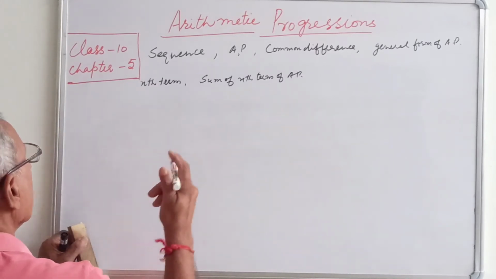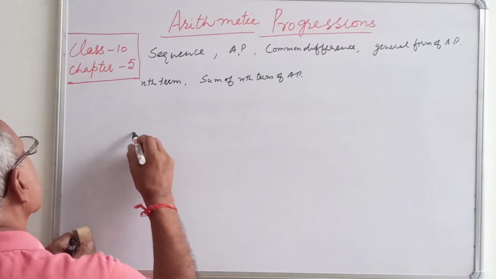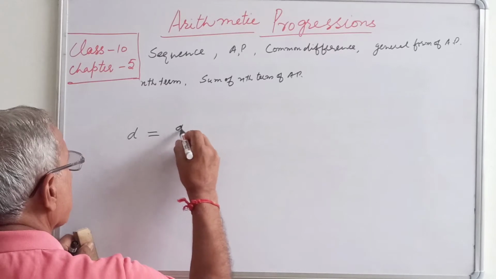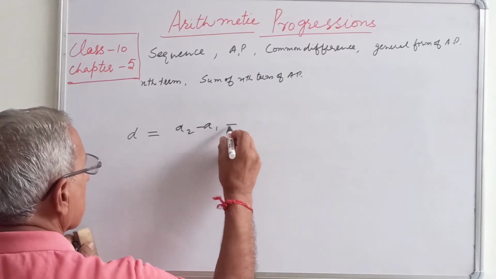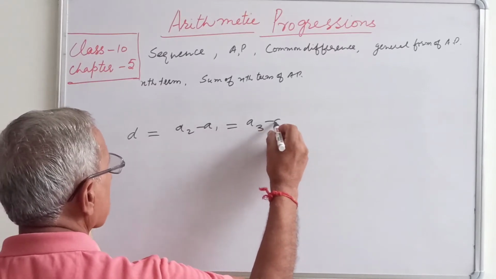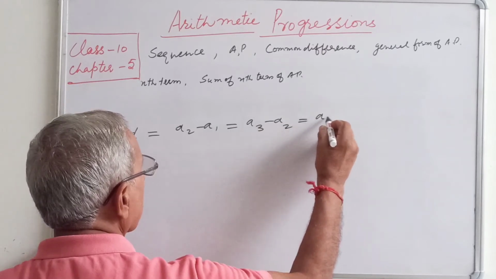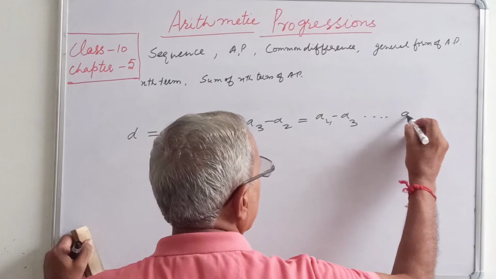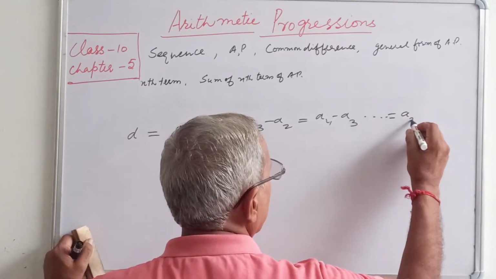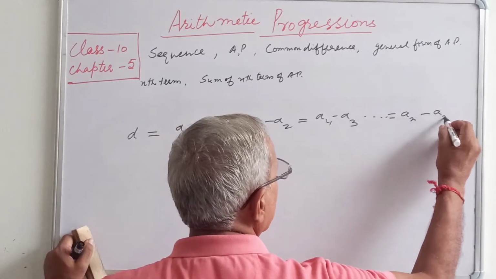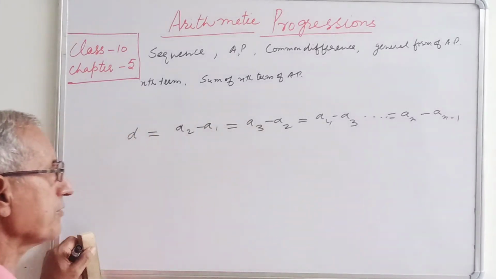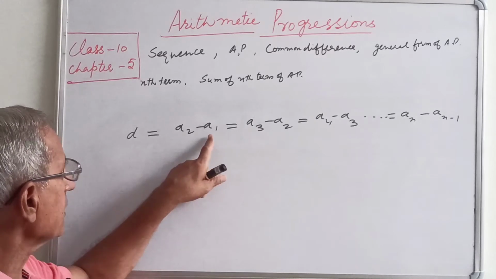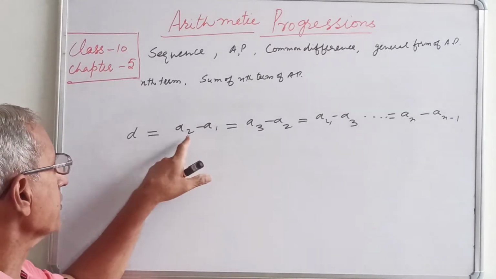So how is D calculated? D, or the common difference, is given by A2 minus A1 is equal to A3 minus A2 is equal to A4 minus A3, or An minus An minus 1, where n stands for the number of the term. जैसे यहाँ पर A1 means first term, A2 means second term.